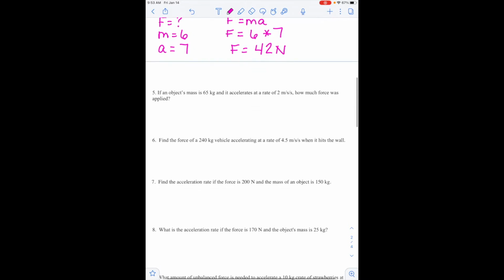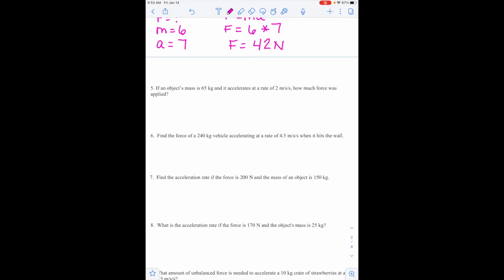Number 5. If an object's mass is 65 kilograms and it accelerates at a rate of 2 meters per second squared, how much force was applied? So once again, F is what we are looking for. Our mass is 65 kilograms and our acceleration is 2 meters per second squared.